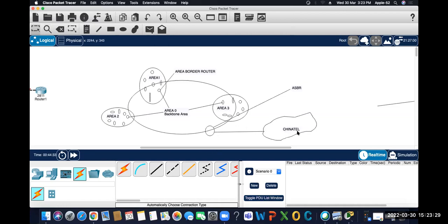That is, I cannot force Chinatel to also use OSPF because I'm using OSPF. No, I cannot tell them. Here another protocol comes into work, that is BGP, which is a different story and we will talk about it later on. But I cannot force any other telecommunication company to follow OSPF or RIP because I am following it.